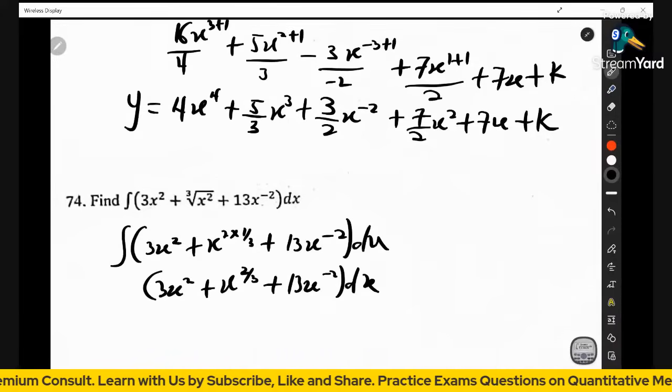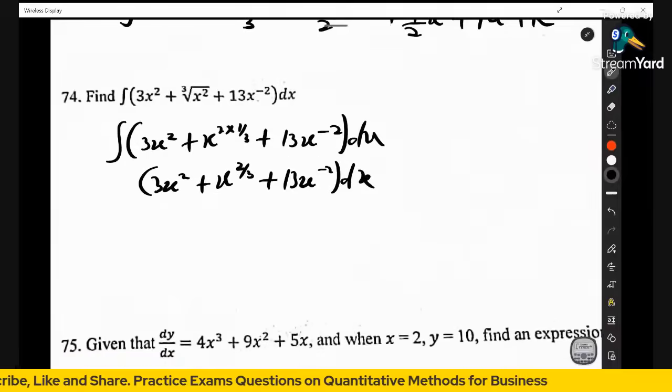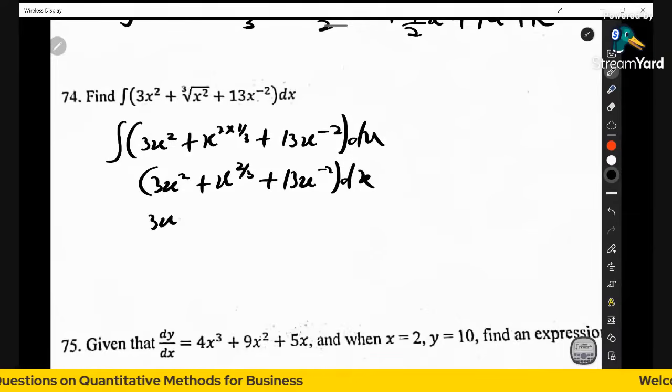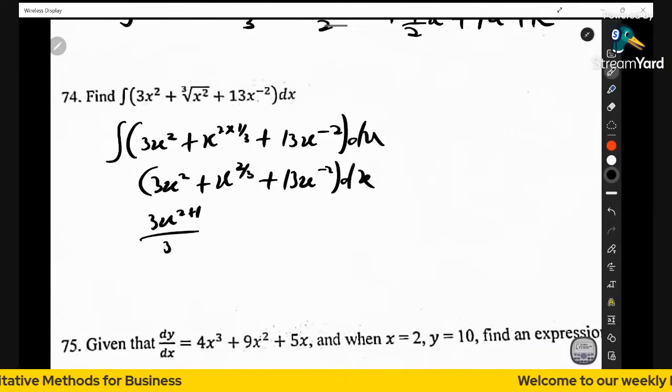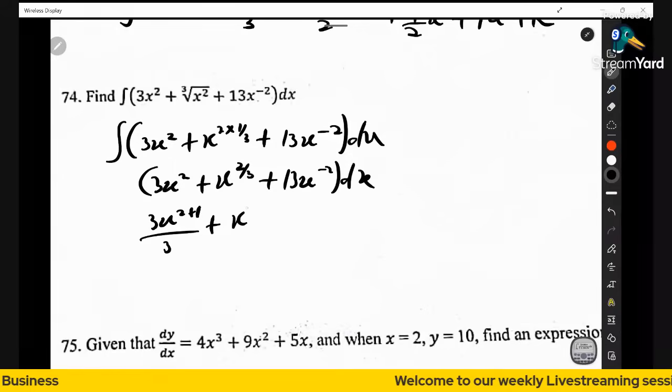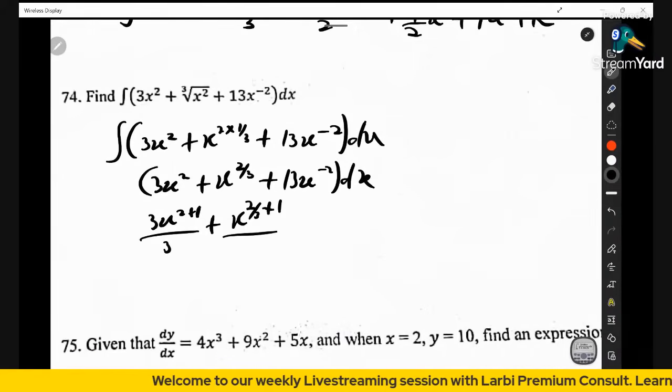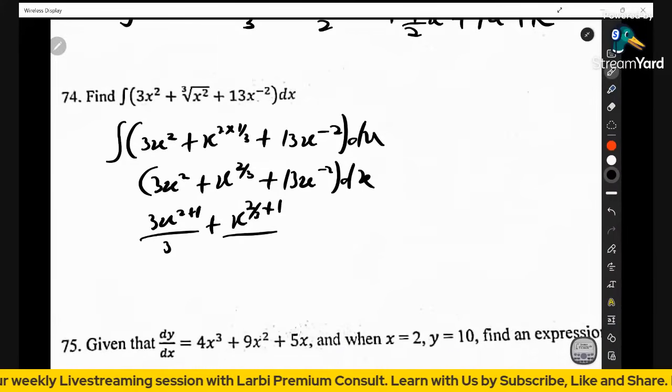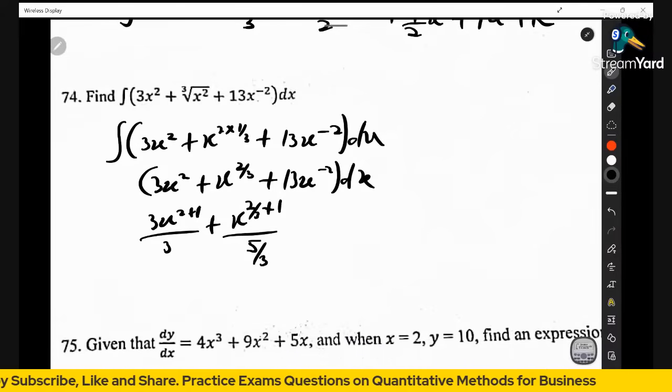Okay, so in this case, we have to integrate this function, right? So the integral of 3s squared, what are we getting? We have 3s squared plus 1 divided by 3. Then we have 2 over 3 plus 1 divided by, so 2 over 3 plus 1, when we add them, we should be able to get 5 over 3 divided by 5 over 3.